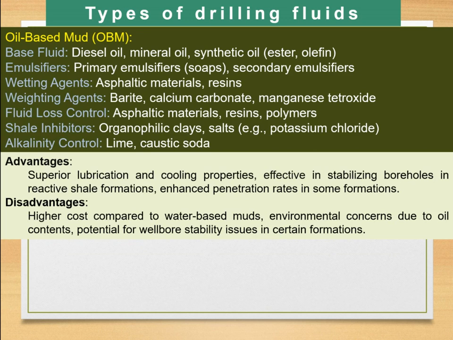Now oil based. The base fluid means diesel, mineral oil, synthetic oil, some kind of oil instead of water. Within that, some emulsifiers need to be added, like soap and secondary emulsifiers. Then wetting agents means some asphaltic material and resins, not water.